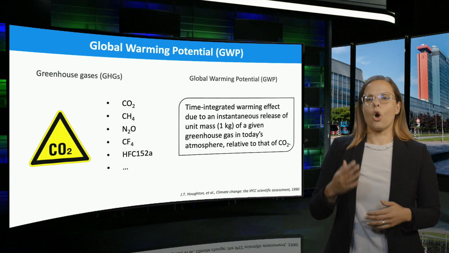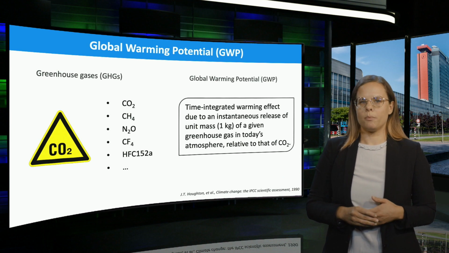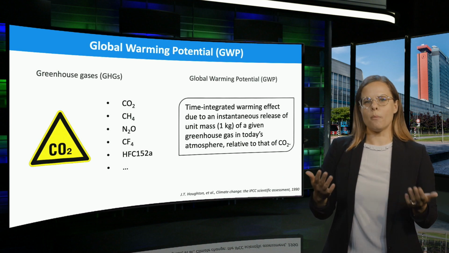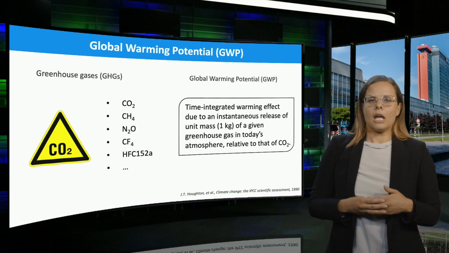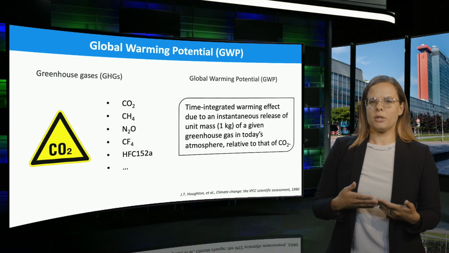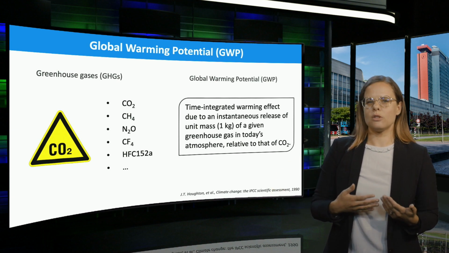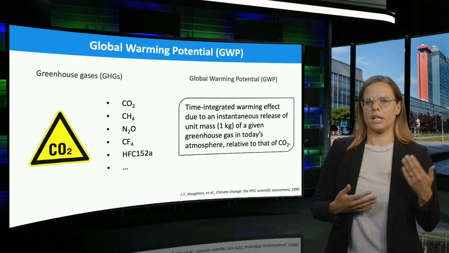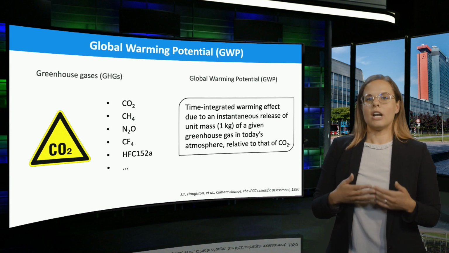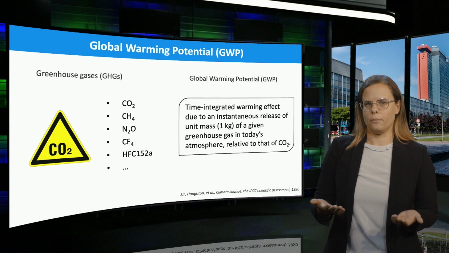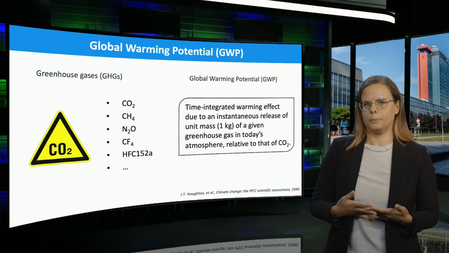The concept of global warming potential, GWP, was developed to allow comparisons of the global warming impact of different gases. Specifically, the global warming potential represents the time-integrated warming effect due to an instantaneous release of a unit mass, 1 kilogram, of a given greenhouse gas in the atmosphere, relative to that of CO2. A time horizon of 100 years is normally used.